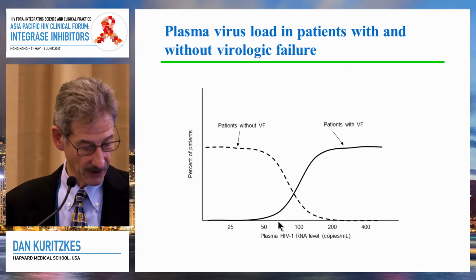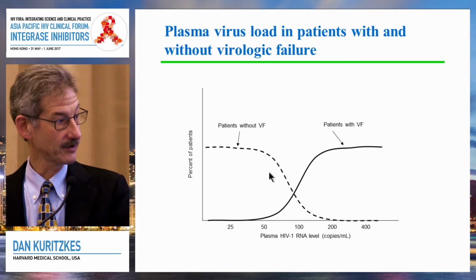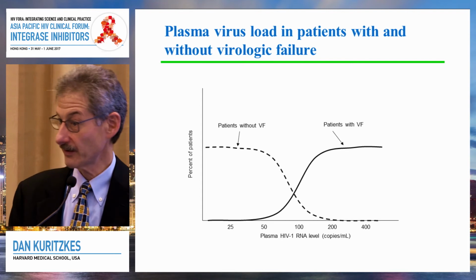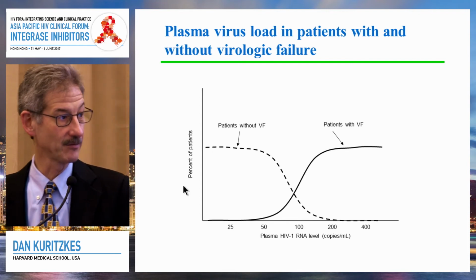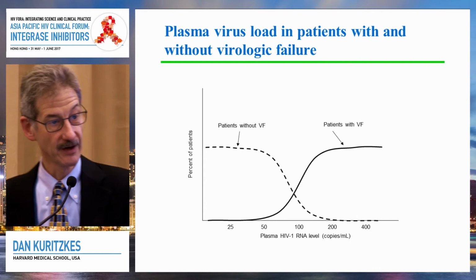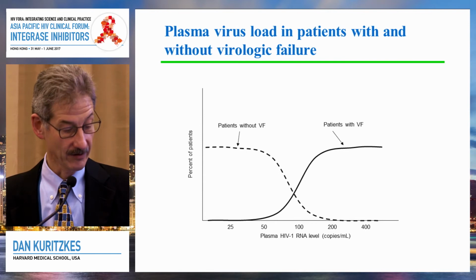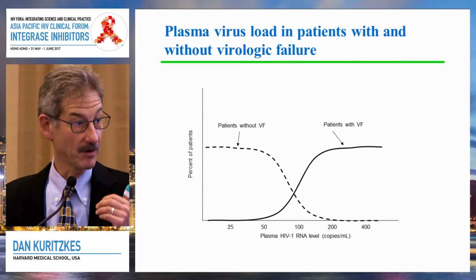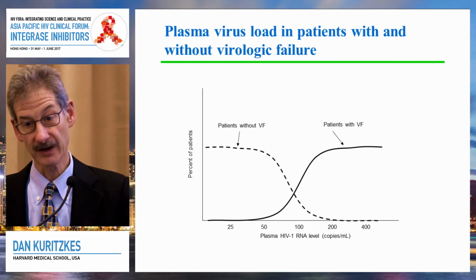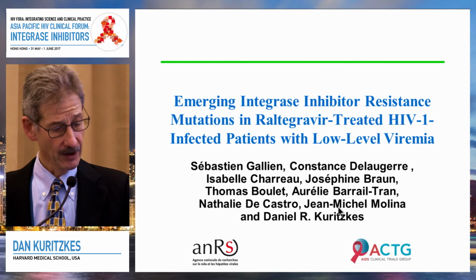And in this middle zone, it's clinically very challenging to distinguish one patient from another. The only way you can really figure out which path the patient is on is to follow them over time with repeated virus load tests. And there's simply no good way to know if somebody has 60 copies or 70 copies, is that person actually about to fail, or is this because they have just persistent production of a virus?